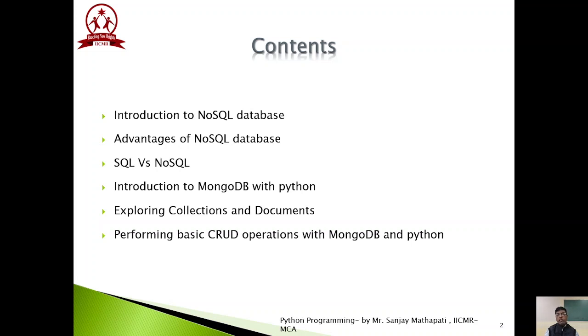The second and third sections will discuss MongoDB. In the first, how to install MongoDB as well as some basic operations to be performed in MongoDB. The second part is performing the CRUD operations with MongoDB, and the last part is how the same thing can be done using Python. All these things we will be discussing in the next 4 sessions.